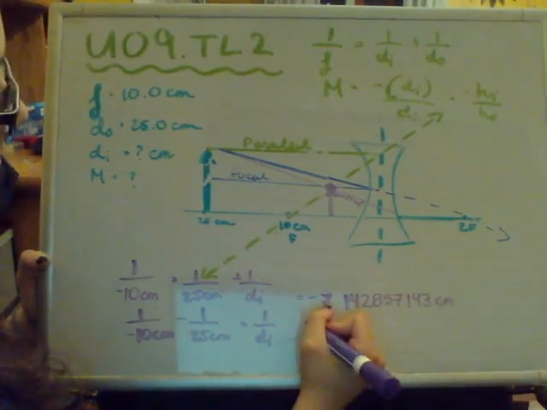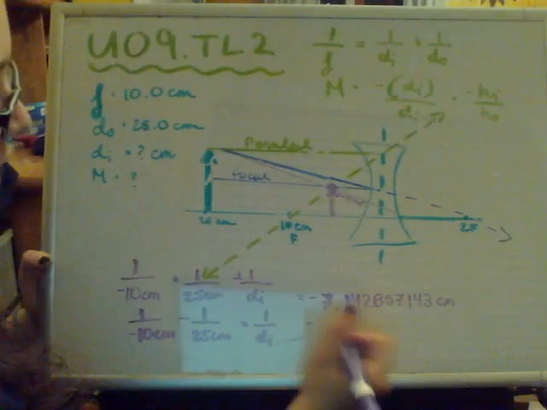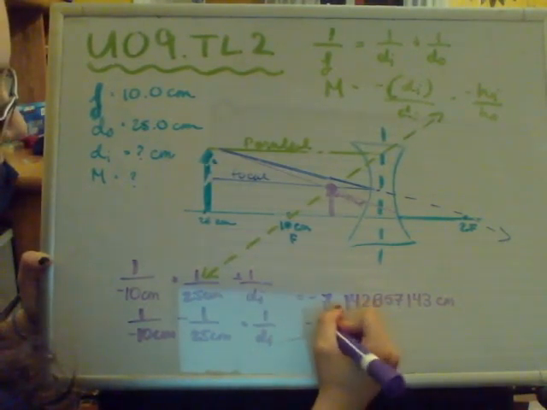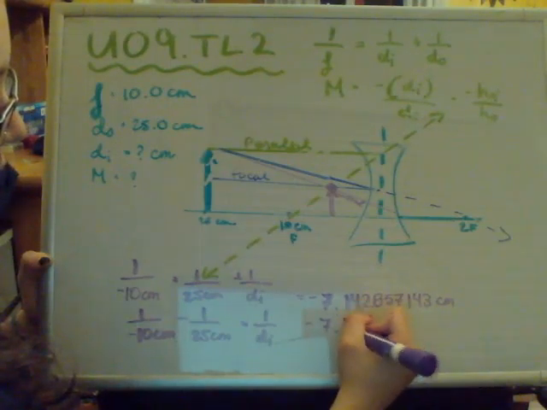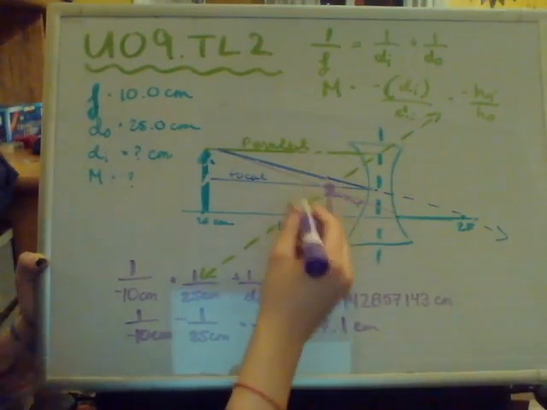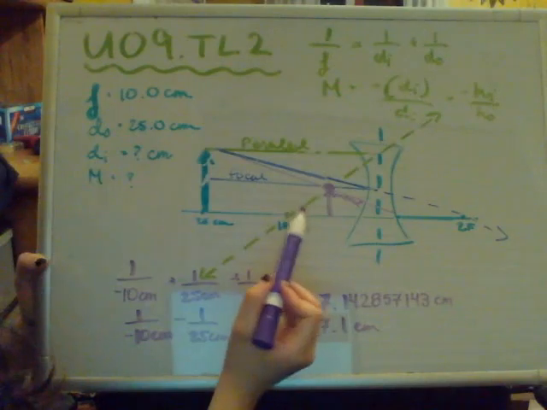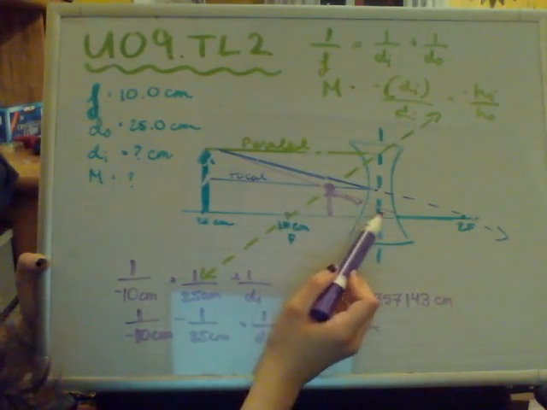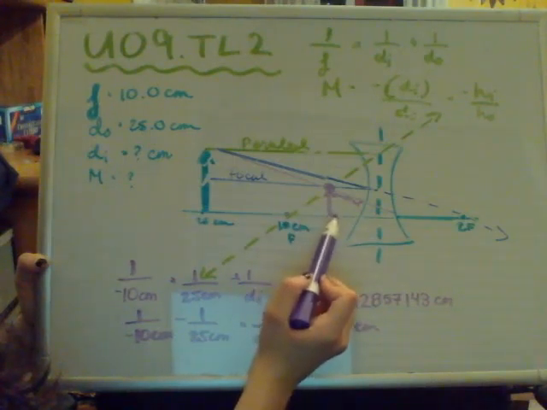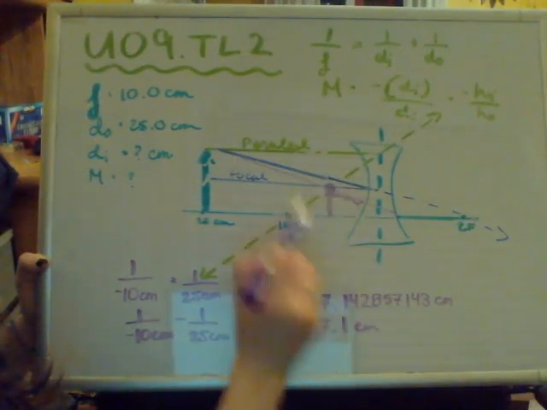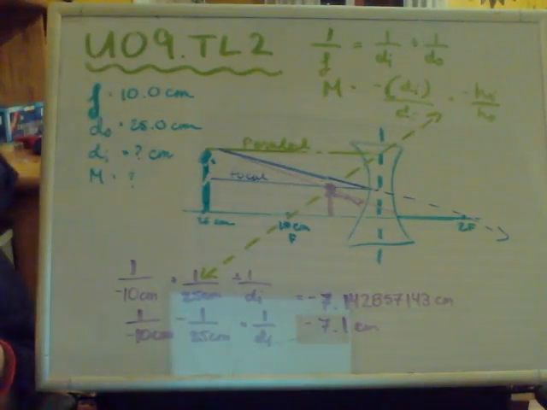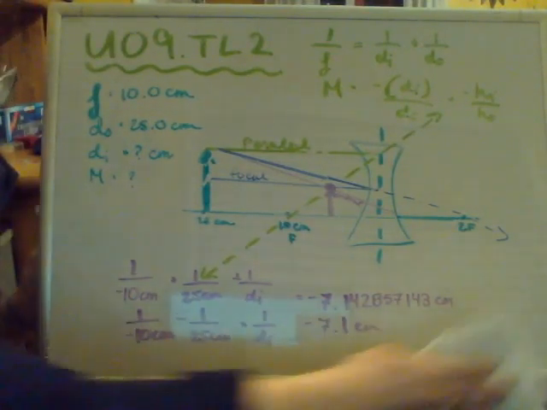Or we can just reduce that and give it 1 decimal point, so it's going to be negative 7.1 centimeters. And that does look accurate because it's between the focal length and the lens, so 7 centimeters seems about right.